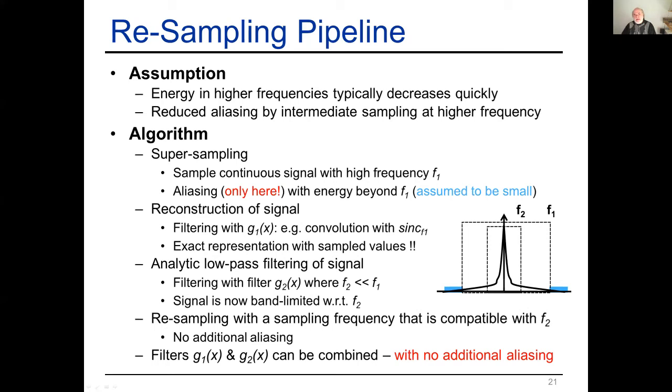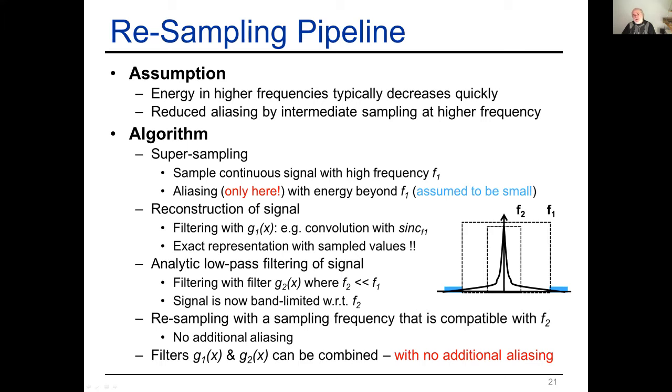Again, this is my Fourier spectrum here. And if I sample with F1, this means I'm moving my copies so far away from each other that the next copy would essentially start exactly here to the right, right? And so the overlapping of this copy with the next copy is this blue region here.